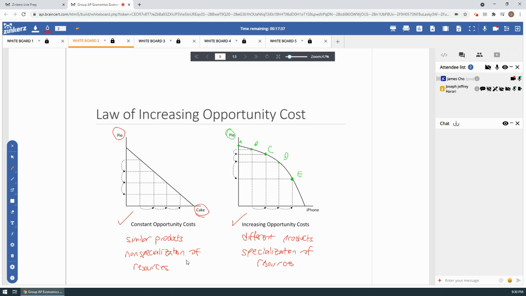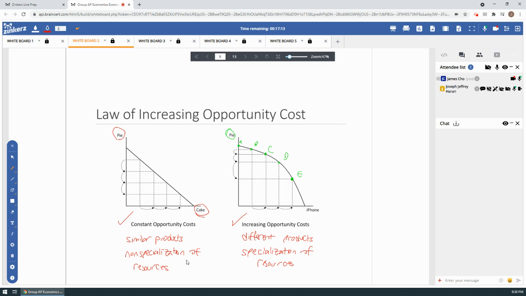Okay, but if your country's like, man, I love my smartphone, I don't really like pies all too much. Well, in that case, point E is going to be a lot better. So it all depends on what your country wants. But what I can tell you is point A, point B, point C, point D, point E. They're all equally efficient. Okay, efficient just means no wasted resources.